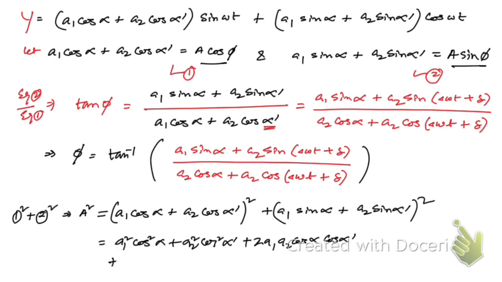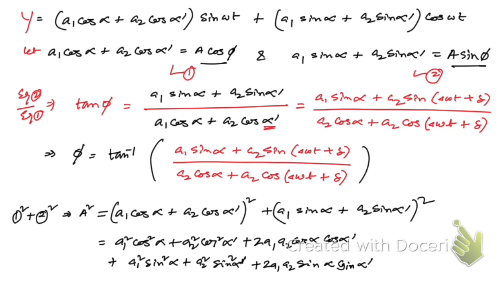Similarly, plus a1 square sine square alpha plus a2 square sine square alpha dash, plus 2 a1 a2 sine alpha sine alpha dash.